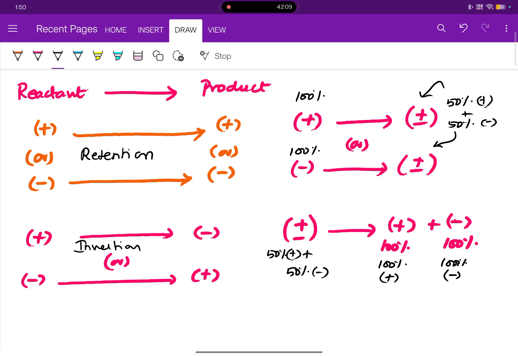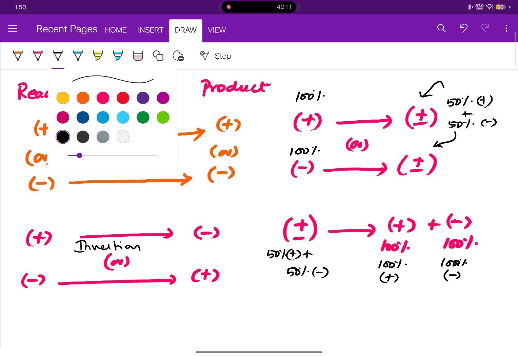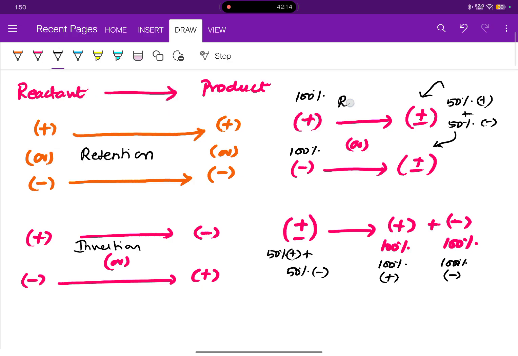What is the name for this? The name for this is racemization. This mixture is called a racemic mixture. A racemic mixture you are converting into plus and minus. This process is called resolution. The process by which you convert is called racemization.